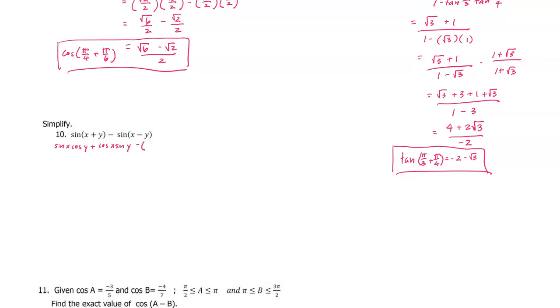And the number one thing is that you distribute that negative sign. Okay, and then sine of x and cosine of y minus cosine of x and sine of y.